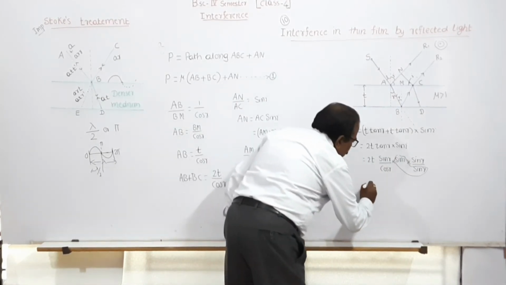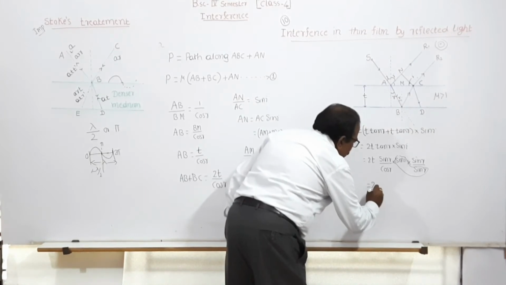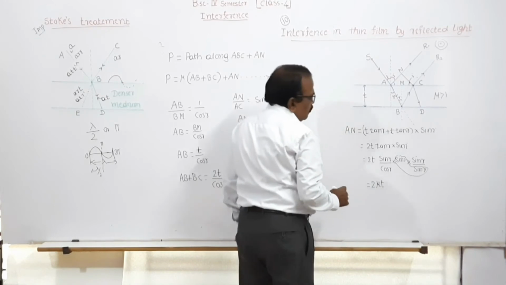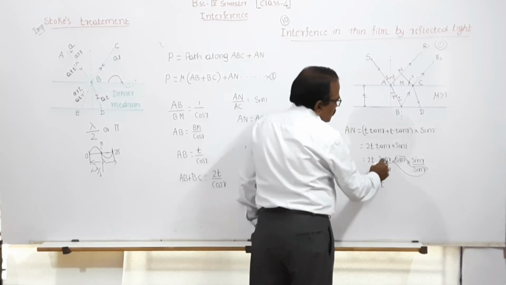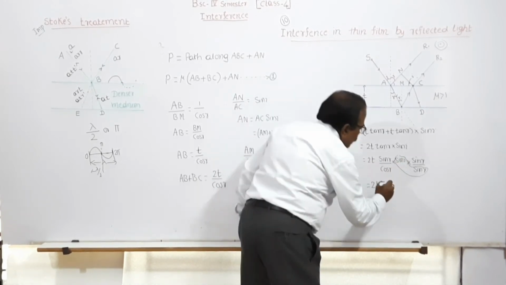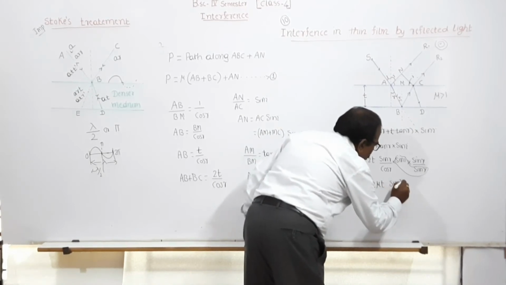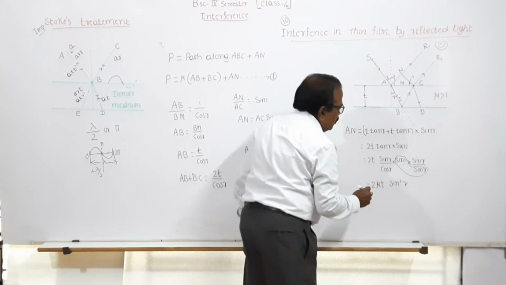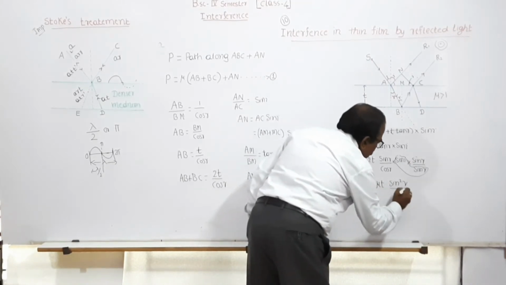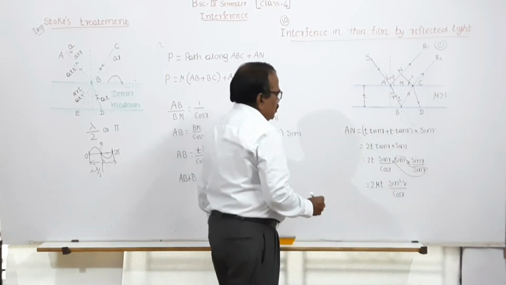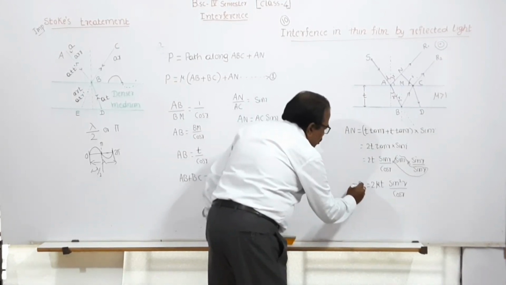Therefore, I can write this as 2 mu T, and what is remaining here is sin square R, sin R into sin R divided by cos R. This is your AN.